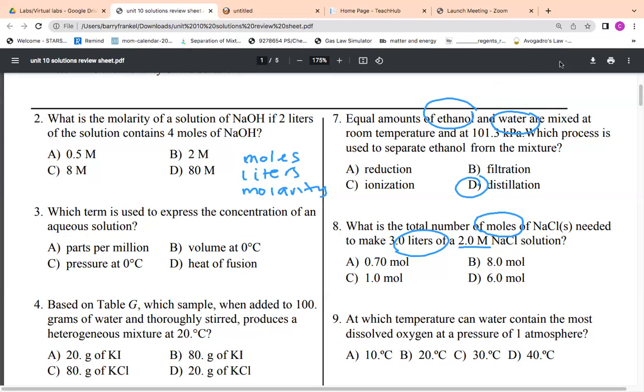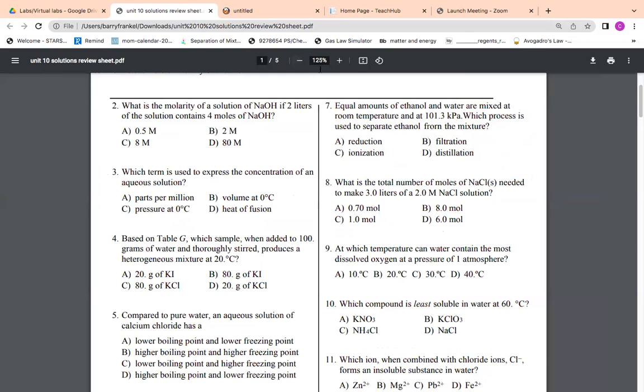Okay, so I'm just going to clear all of this. I actually want to zoom out a little bit so I have more room on the side to write. Here is my formula: molarity equals moles over liters of solution. They're giving us the molarity, which is 2.